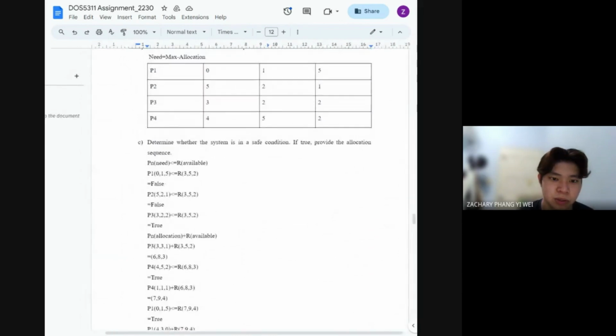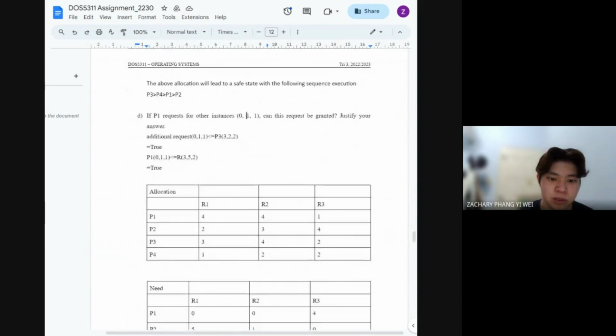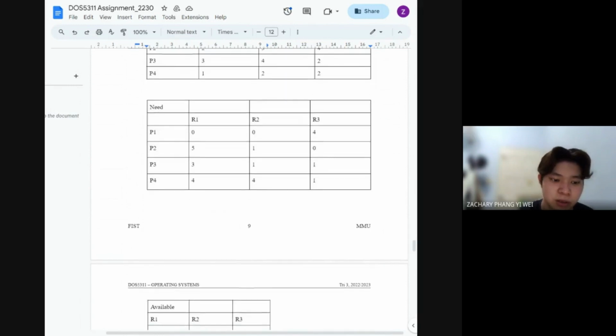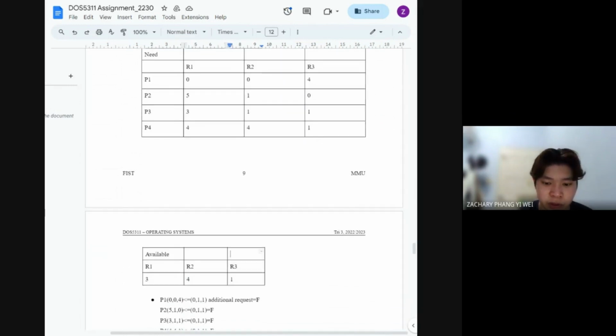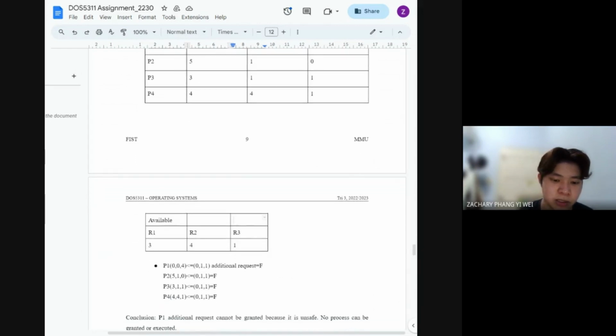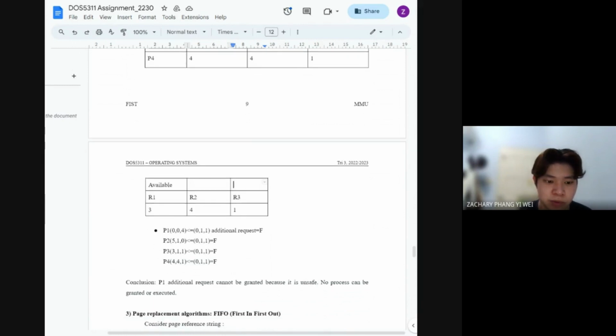And for the need here, 5, 1, 1, 2, 1, 2, 2 minus 1 is 0, equal to 4, 0, 1, 1. For the new available, you must take the old available minus the additional request as well. So 352 just now, minus 0, 1, 1 is equal to 341. Then the P1 additional request cannot be granted because no process can be granted or executed.